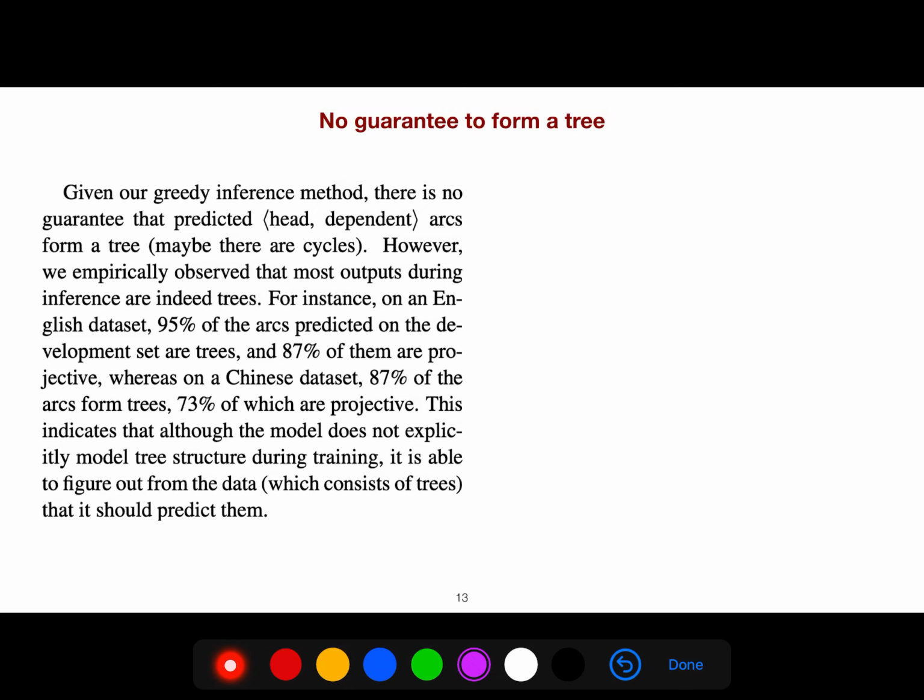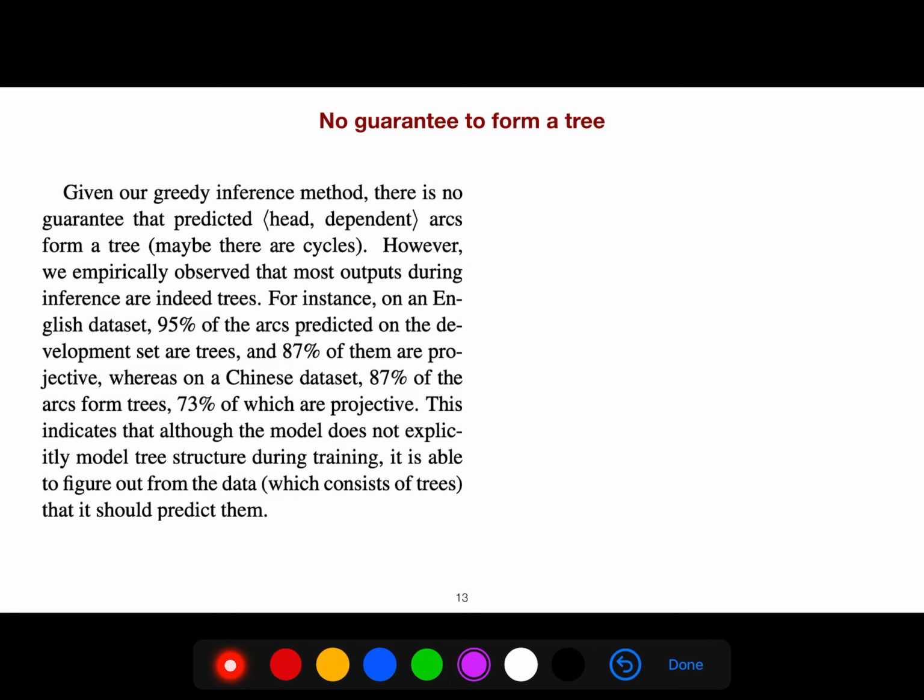But until now, there is no guarantee of forming a tree. So it's very greedy. Unlike the Eisner algorithm for projective trees, which is bottom-up and projective, for inference here we use the maximum spanning tree, which can also be used for non-projective methods.